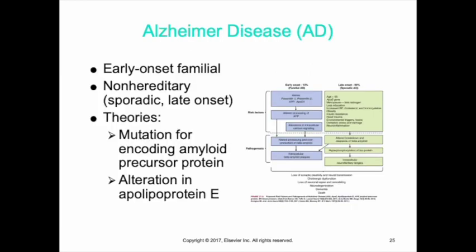We're going to get a little bit more detailed regarding Alzheimer's disease, and it is notable that Alzheimer's disease is the most common chronic irreversible type of dementia. And with it, you're going to see accumulations of amyloid plaques and tau protein neurofibrillary tangles within the brain.